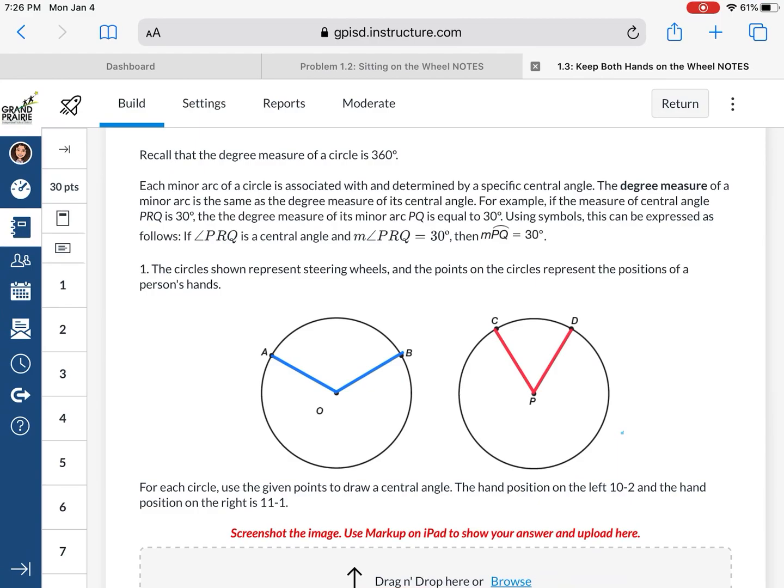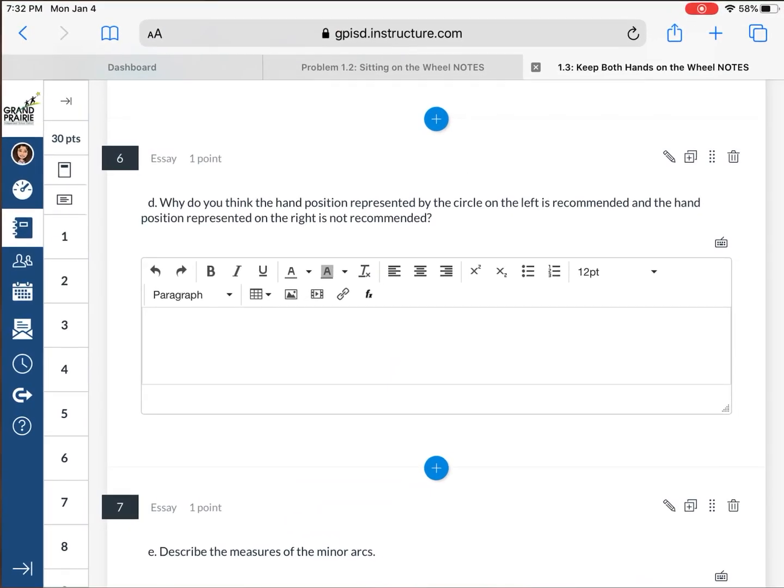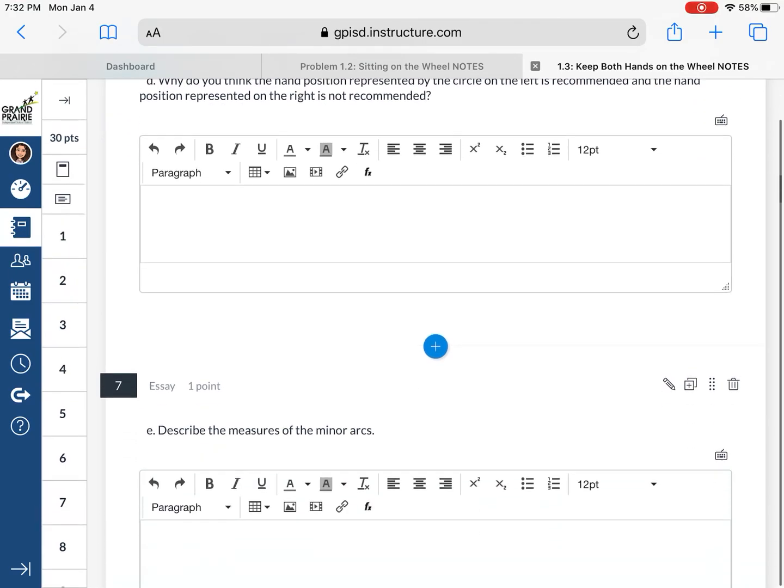One thing I could think of is that airbags have been installed in the steering wheels, and I could imagine it would be safer for your hands to be farther apart so that the airbag can function appropriately. Another thing that came to my mind was that it's a little hard to turn the steering wheel with your hands closer together, and it might be easier when your hands are farther apart. So go ahead and type in your thoughts there.